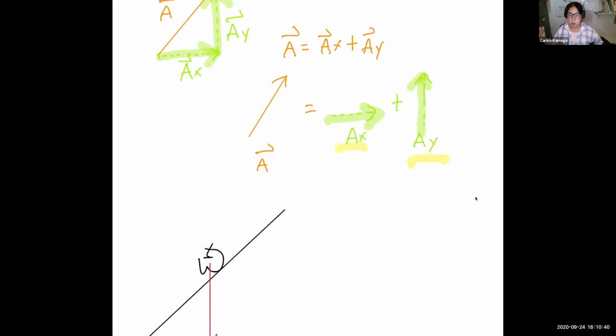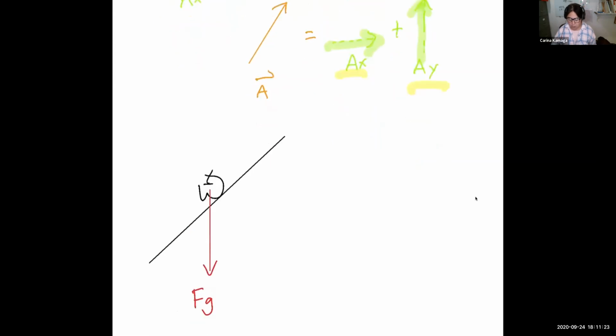Any vector you can decompose, just like going from your parking lot directly to the physics classroom, or going to the library, bathroom, and then to the physics classroom. Even though you take a different route, as long as you sum up all those vectors and the initial and final points are the same, it's the same resultant, right? So instead of the direct route, it can be the sum of library, bathroom, and the physics classroom.